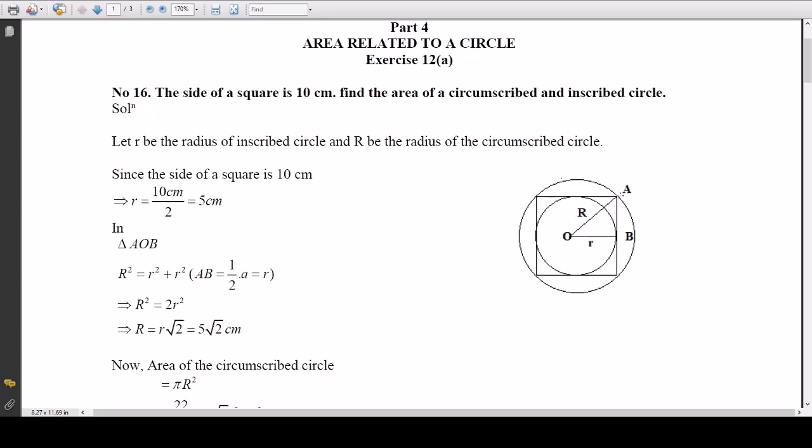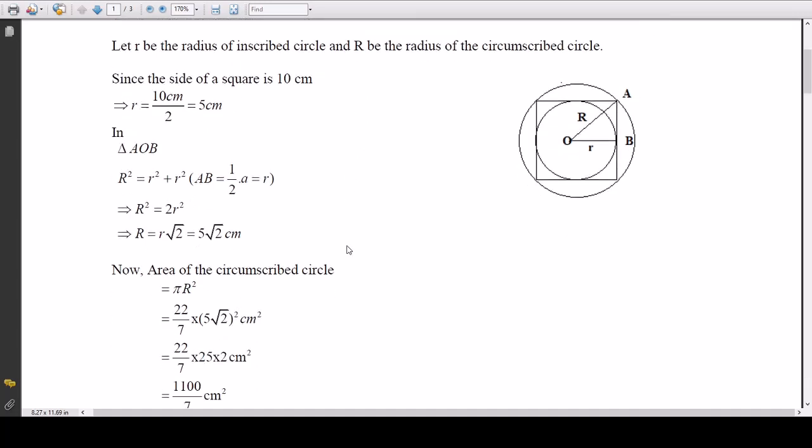Okay, now we have got capital R and small r, the outer radius and the inner radius. Now we need to find out the area. The area of the circumscribed circle will be pi R square, bigger circle with capital R. 22 by 7 multiplied by R, which is 5 root 2, therefore 5 root 2 whole square. 5 square is 25, root 2 square is 2.